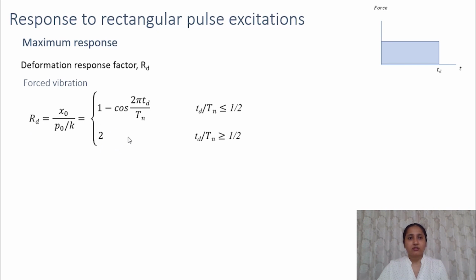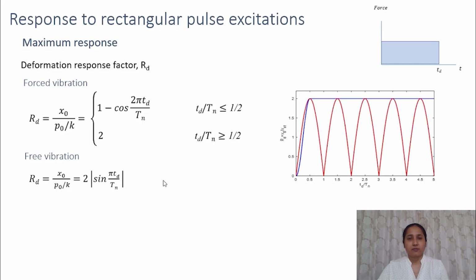And during the free vibration phase, the Rd value will be similar to the free vibration case. So here, during the free vibration phase, we can calculate the value of Rd as this.